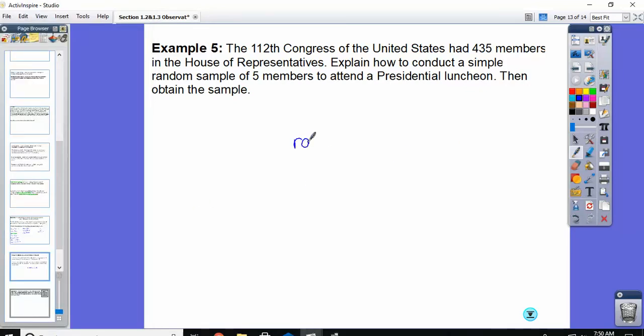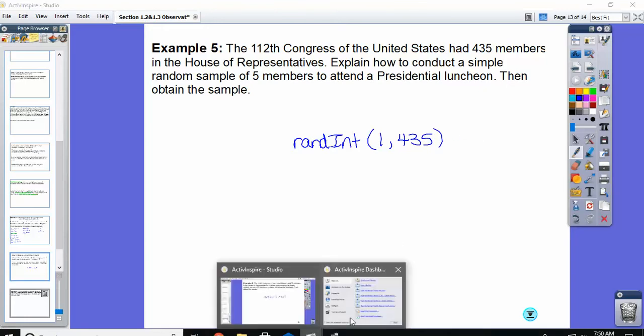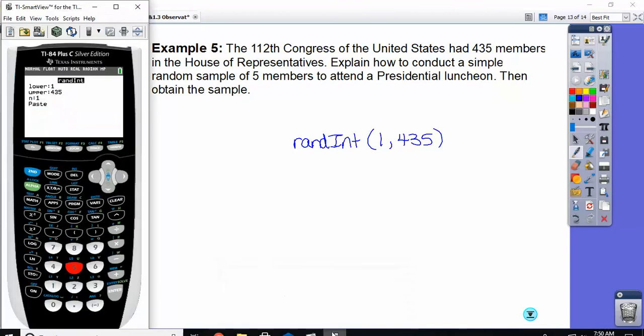Remember, your calculator may look like this. If you have this option, we want 5 members, so we can put my N as 5. And it gives me all 5.